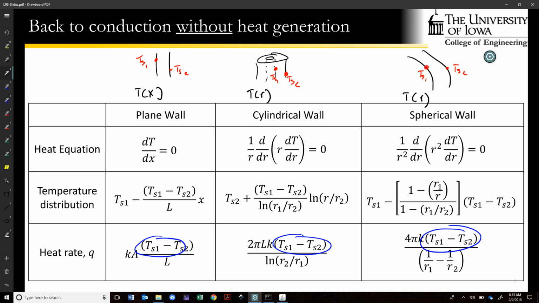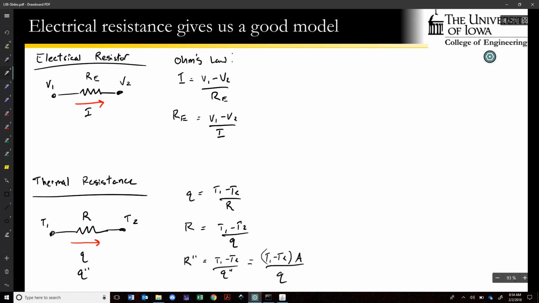So these right here give us all we need to know about how we would represent each of these types of walls as a thermal resistor. Because if we factor out that TS1 minus TS2, then everything that's left behind is a 1 over R.